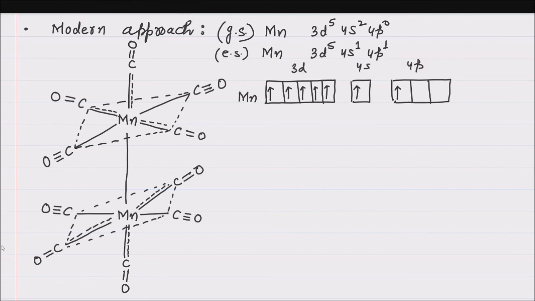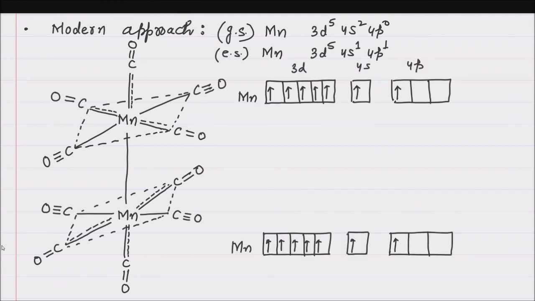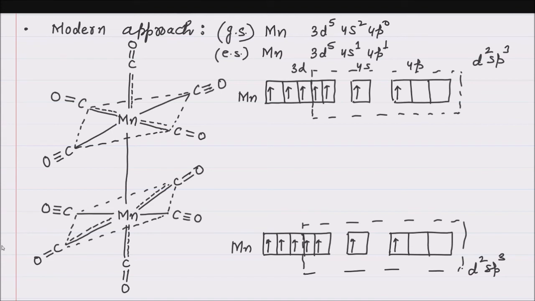Now another manganese. Each manganese undergoes d2sp3 hybridization. So one of the d2sp3 hybrid orbitals overlaps with the other to form a metal-metal sigma bond. Actually, in the metal case, d-d orbital overlap is called a delta bond.